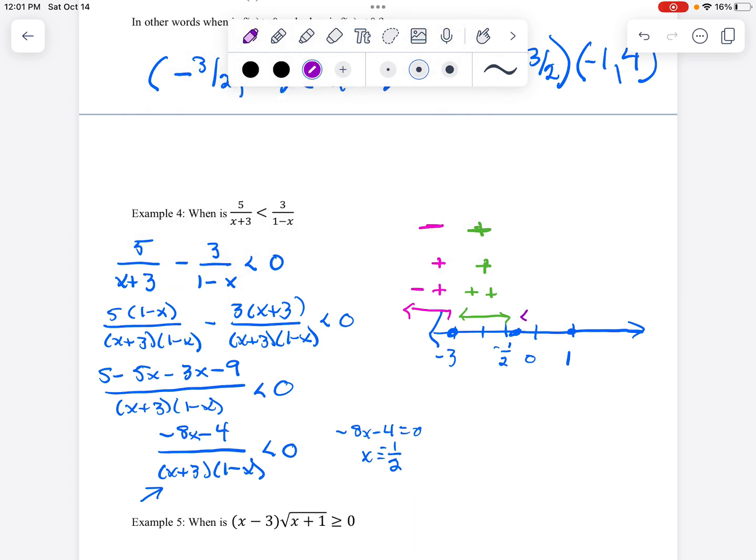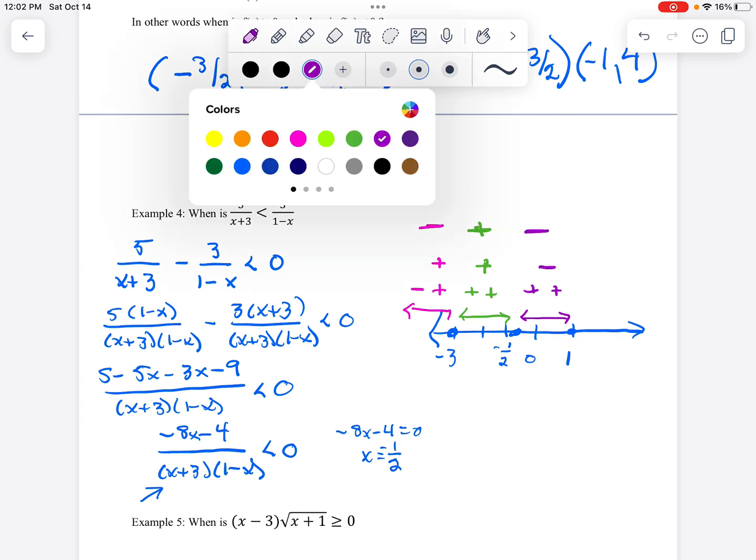If I look in the interval between negative 1/2 and 1, for example 0, I'm going to have a negative number in the numerator and a positive and a positive in the denominator, giving my overall y values a negative sign.